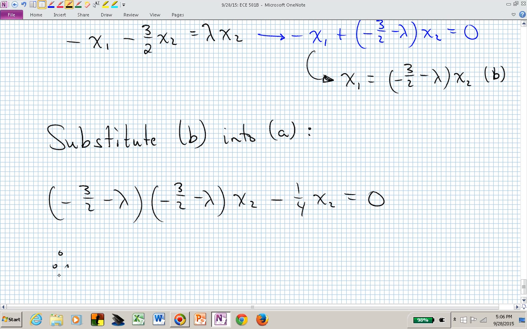We can pull out x sub 2 from all of that, and we see that we have minus 3/2 minus lambda squared, minus 1/4, times x sub 2 equals 0.